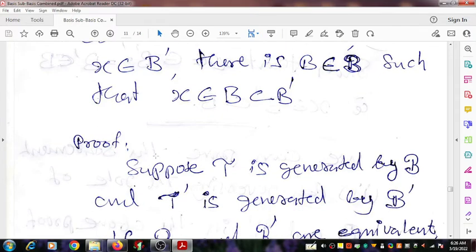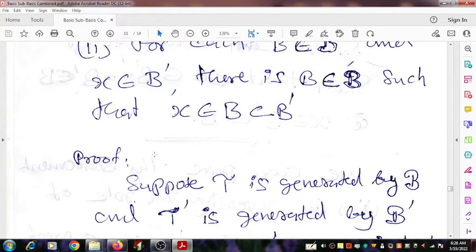So let's first suppose that the two bases are equivalent. Then the corresponding topologies must be equal.